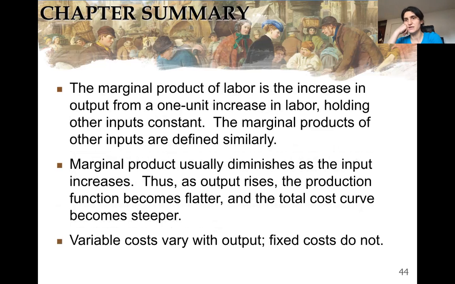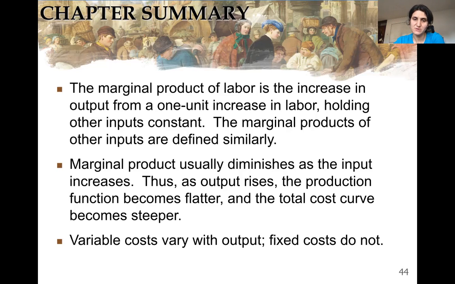So if we are defining the marginal product of capital, we keep all other things the same and change just capital, and look at how the change in capital affects the output. And marginal product usually diminishes as the input increases. Thus, as output rises, the production function becomes flatter, and the total cost curve becomes steeper.